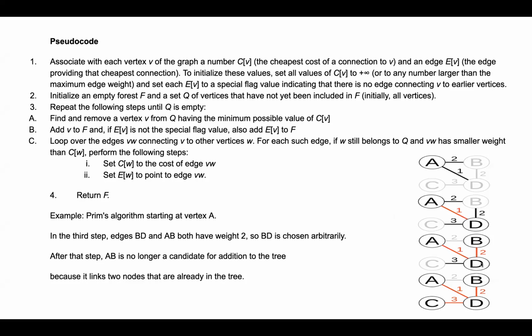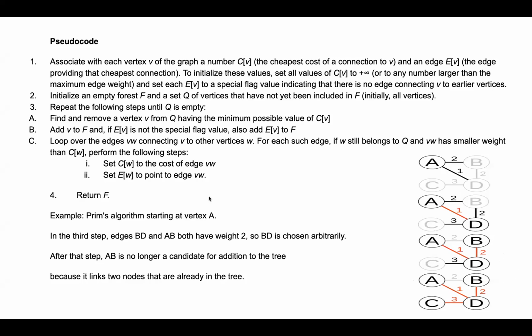Then from D, we considered B, which has the weight 2. And then we considered D to C. So all the vertices are covered, and the cost of the tree is minimum, which is 6. That is the whole pseudocode, and I have explained it to you.